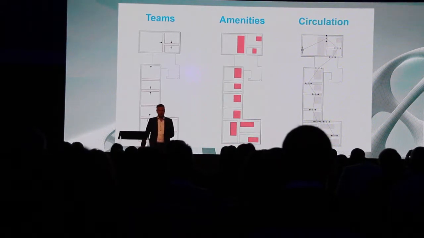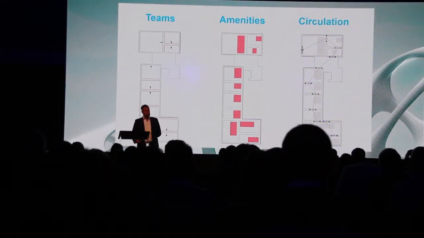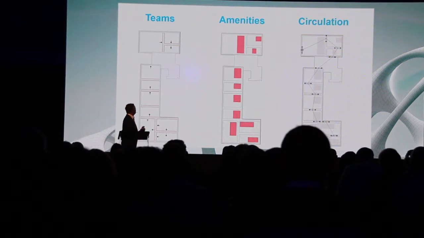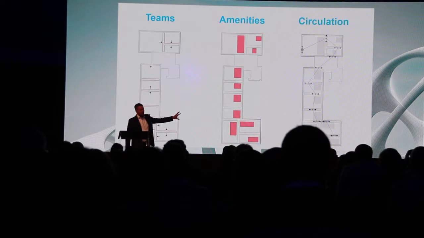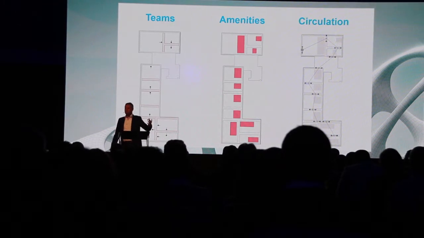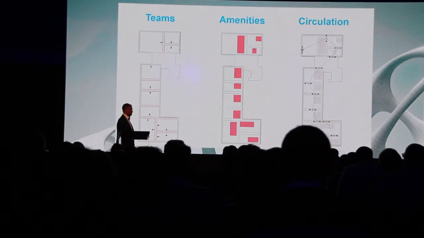Besides all these requirements applied to the space, such as team proximity and amenity distribution, there are also these 3 things that are important, where circulation is actually one of the keys to success for this project.